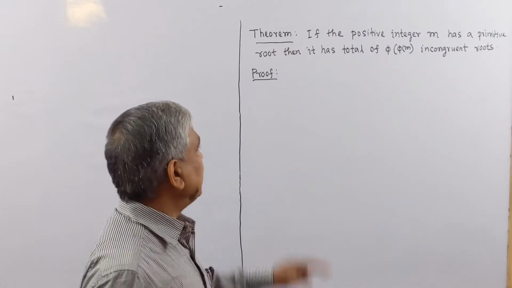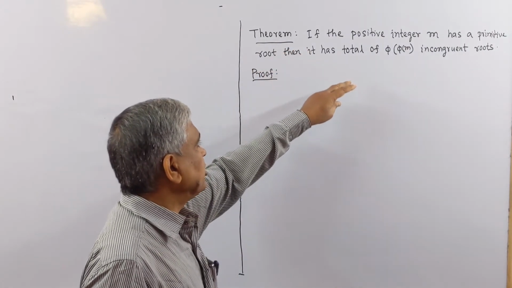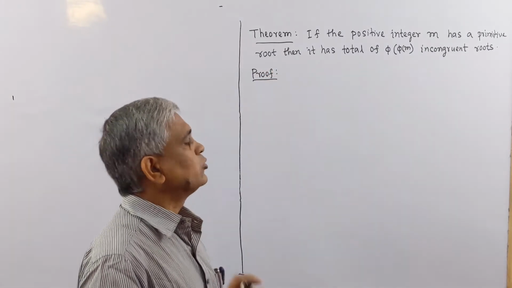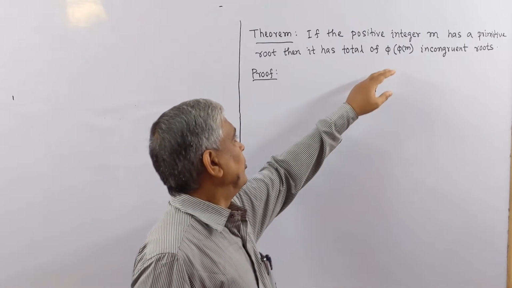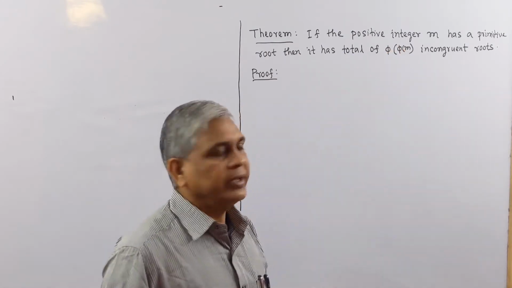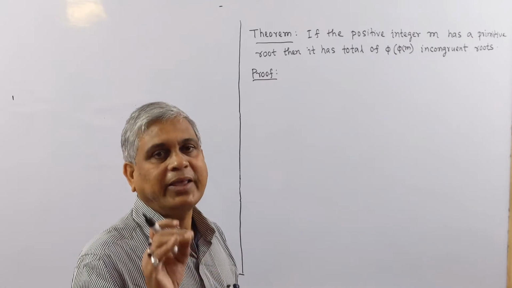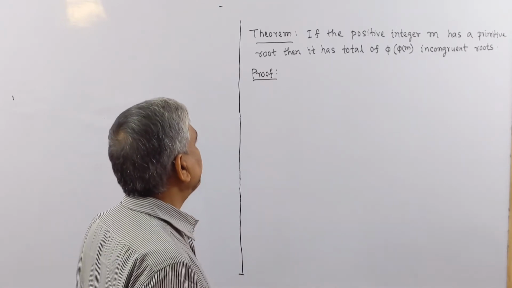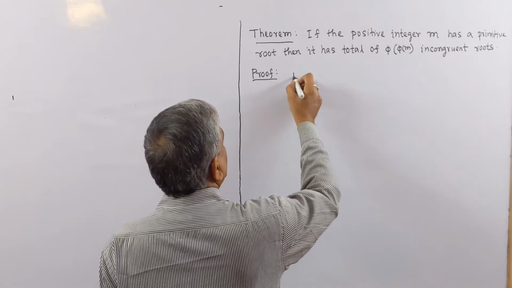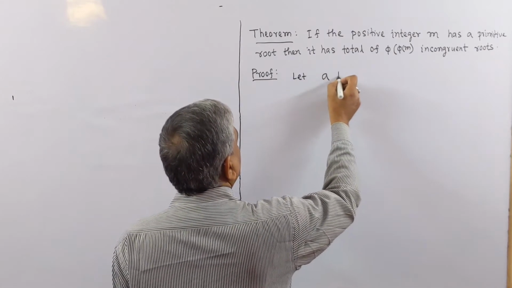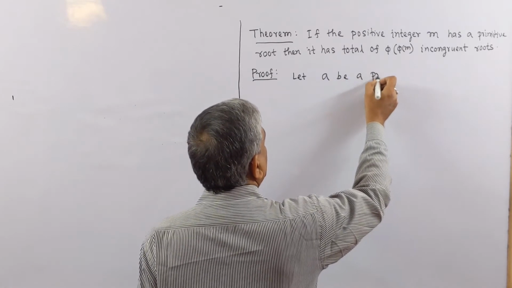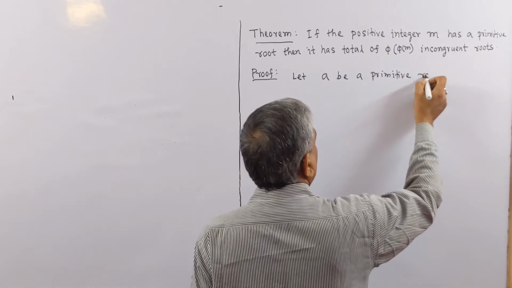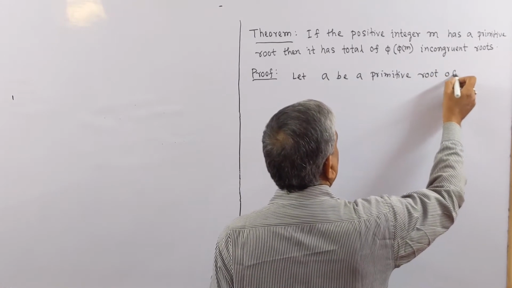Now we prove the theorem. If the positive integer m has a primitive root, then it has a total of phi of phi m incongruent roots. Phi m is the Euler's phi function of m. Now we prove this. Let a be a primitive root of m.